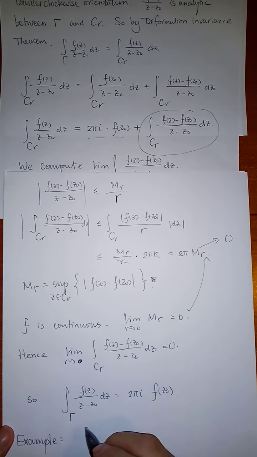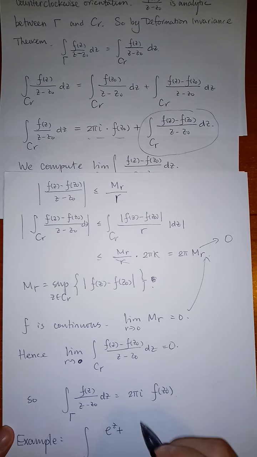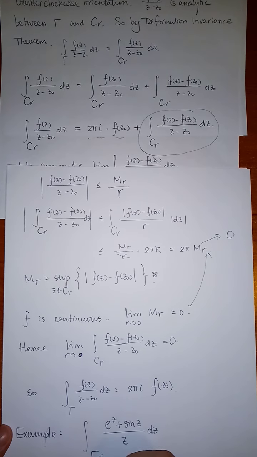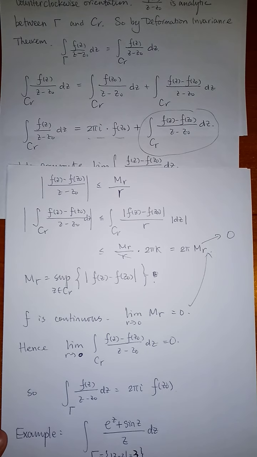let's see the example. Assume we have this integral where this gamma is a circle centered at 2 with radius 3.